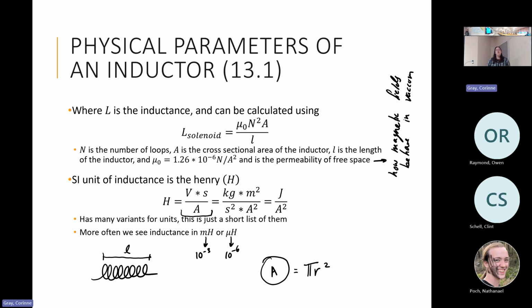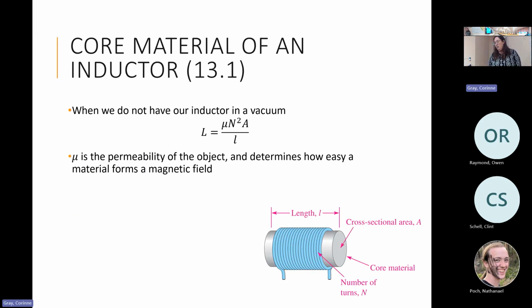So with inductors, moving forward when we're doing our inductor circuits, we're just going to be given L values, so we don't need to worry about it. But technically, there is a variation of this equation, where it's just going to be mu. The only difference is now we have mu, the permeability of that specific object.